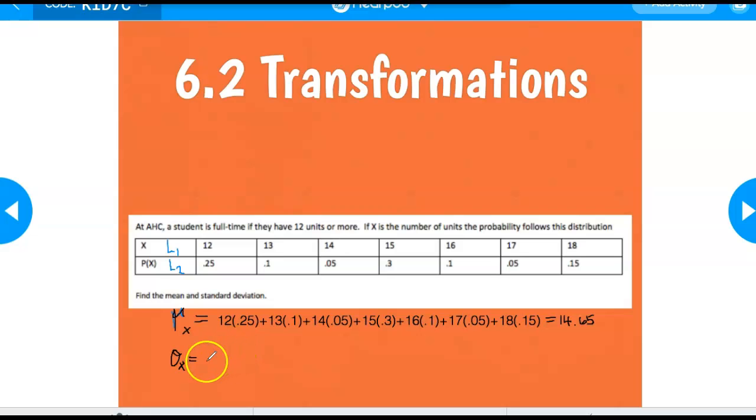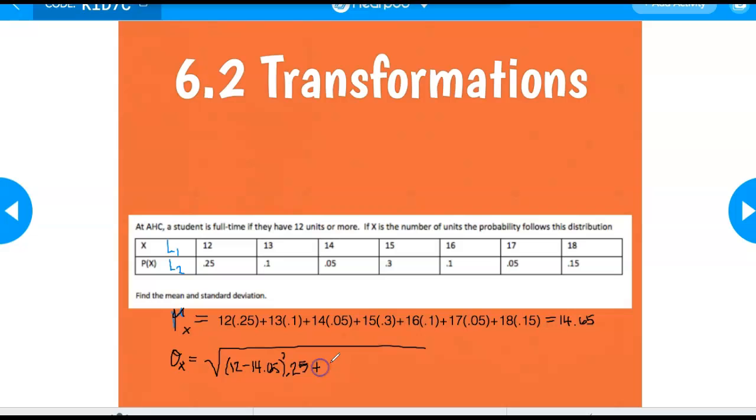Standard deviation. I'm not going to write out the whole entire formula, but it's good to know the standard deviation formula. We're going to take the first x value, minus the mean, and square it, and multiply by the probability, times 0.25.